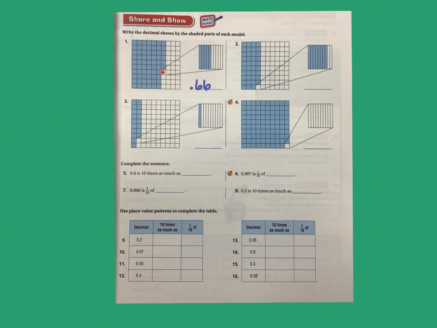So now they've taken one of these little hundredths and cut it into 10 equal pieces. There's my thousandths place. How many of those are there? 1, 2, 3, 4, 5. 5 thousandths. So what I have here is 665 thousandths, because now we're just calling all of these thousandths too. So 665 thousandths is how you would write that one. Probably need another one to see how that works.